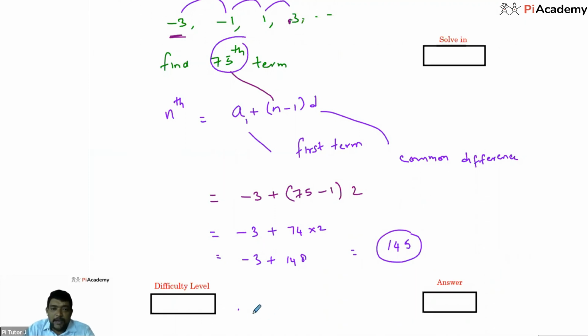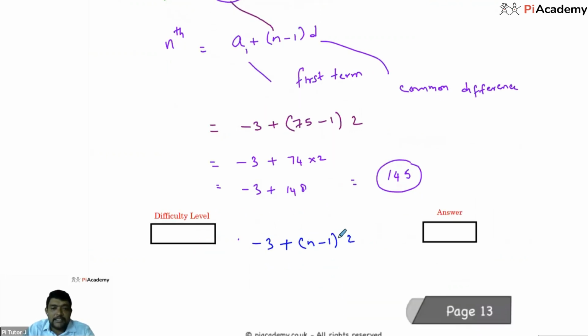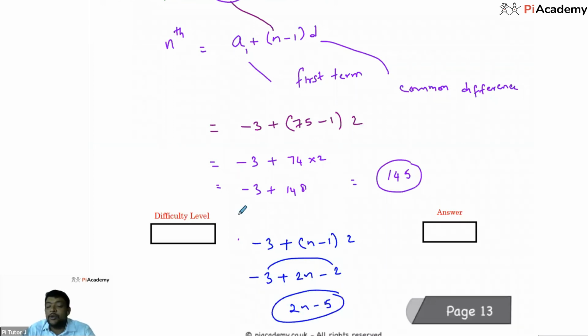So it is -3 plus n minus 1 times 2, so it is -3 plus 2n minus 2, which is 2n minus 5. So basically, this is the formula for this sequence. Once you know the nth term, you can find any term of that sequence. Right?